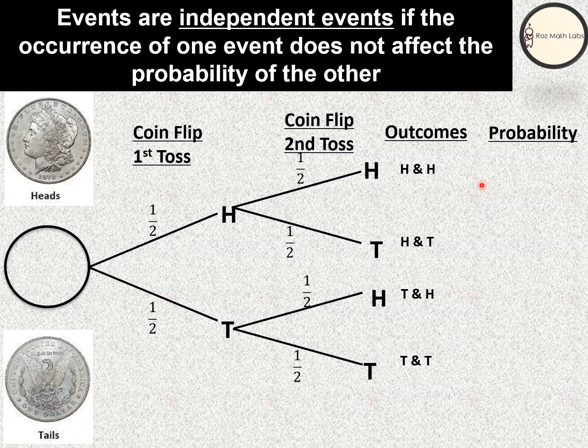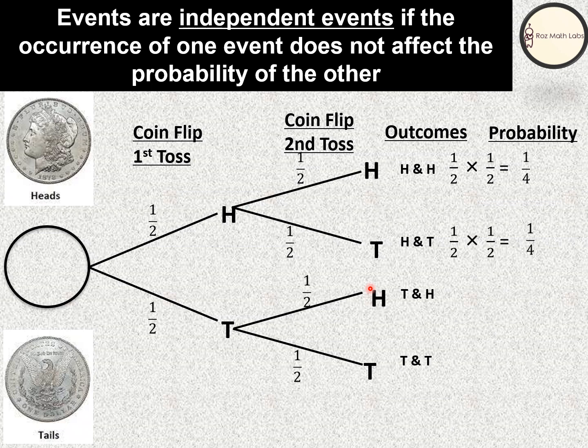Now to find the probability for each outcome, we can see this tree diagram here. We need to multiply the probability on each of the branches. So to get a head twice, the outcome probability will be half into half, that is 1/4. Similarly, to get a head and a tail, we multiply the probability on the branches, half into half.